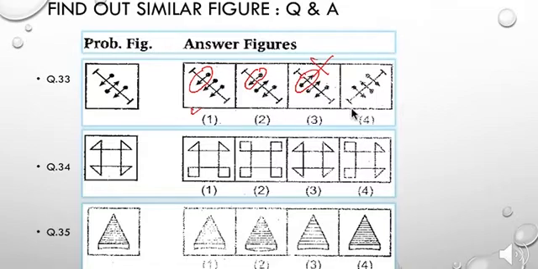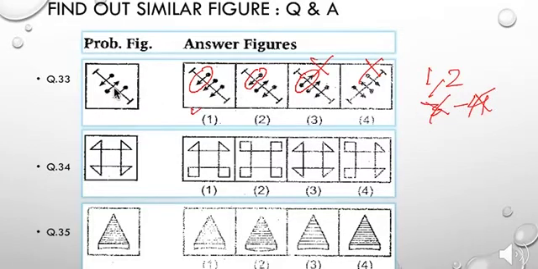In the next, the orientation, or the angle, of the line itself is different, so this cannot be the answer. Now the answer is either first or second, because third and fourth cannot be the answer.